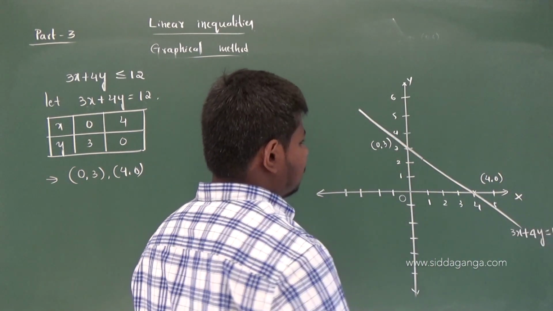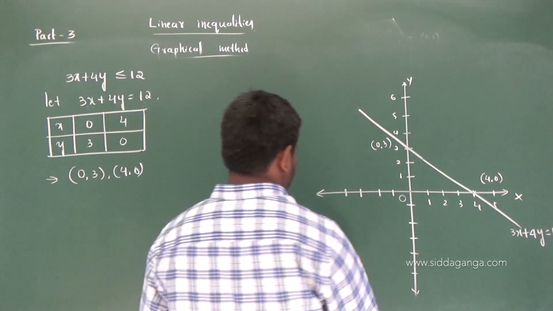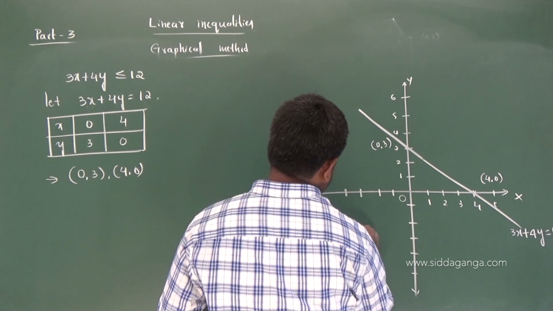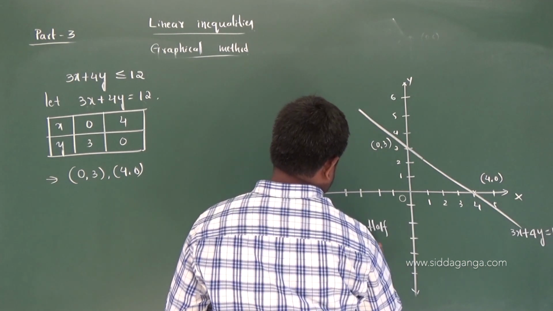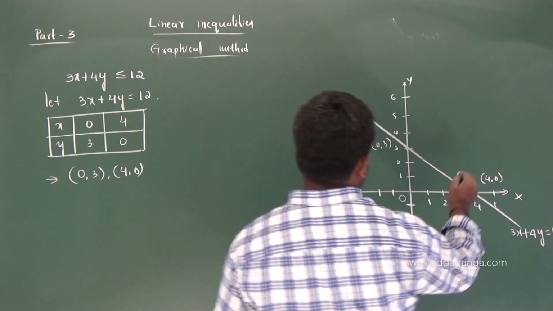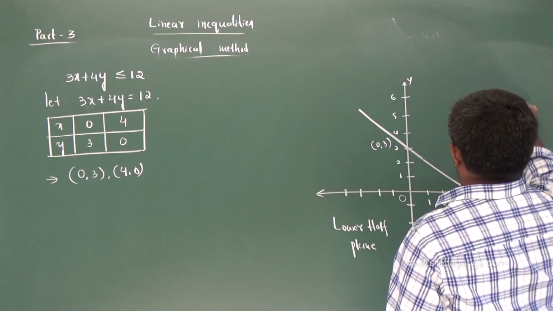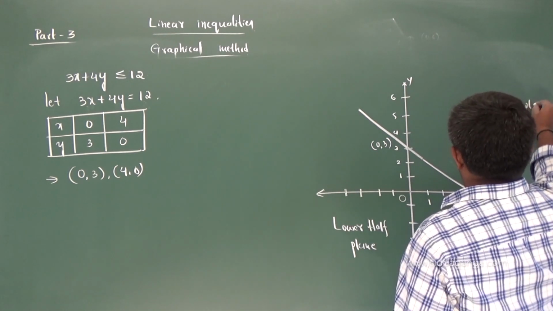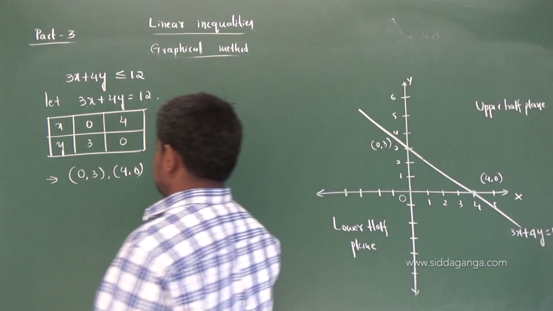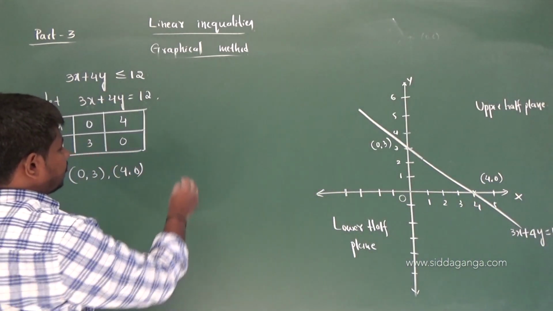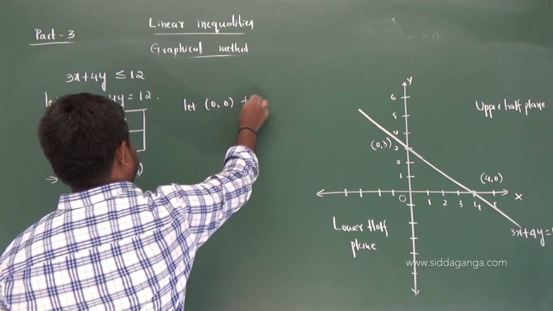Again this line divides the plane into two parts, lower half plane and upper half plane. Now let us consider any point from any plane. Let us take 0, 0 from the lower half plane.